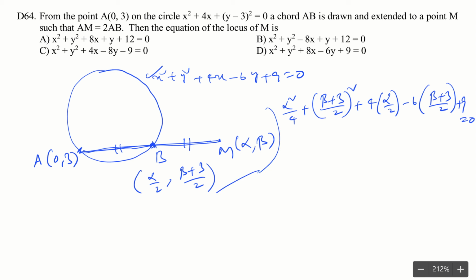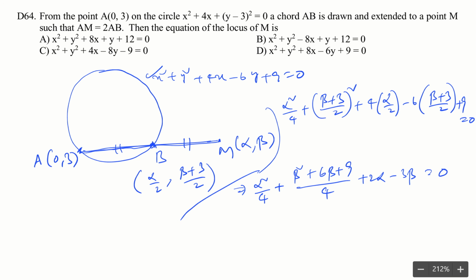So from this I am getting alpha square by 4 plus (beta square plus 6 beta plus 9) by 4 plus 2 alpha minus 3 beta equal to 0.